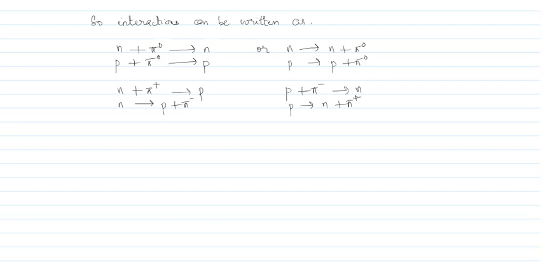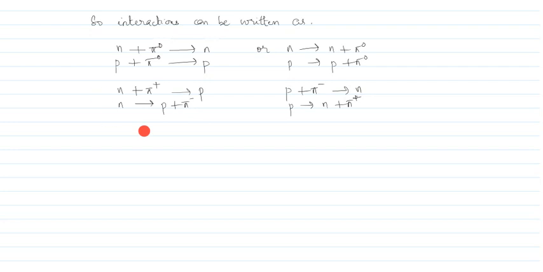Similarly, a neutron plus pi plus gives a proton. Similarly, proton plus pi minus gives a neutron. Whatever equations you are writing, please consider whether the charge is balanced on both sides. If proton is positively charged and neutron is chargeless, then obviously the particle mediating this would be pi minus.